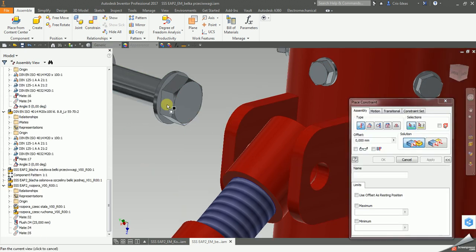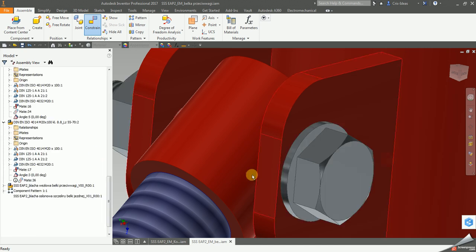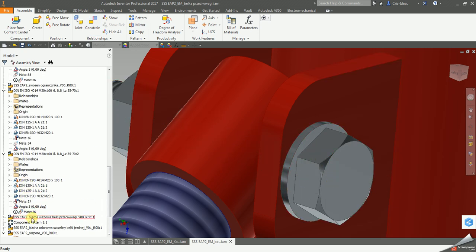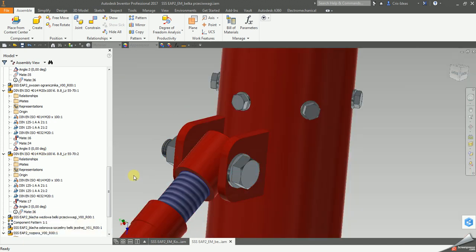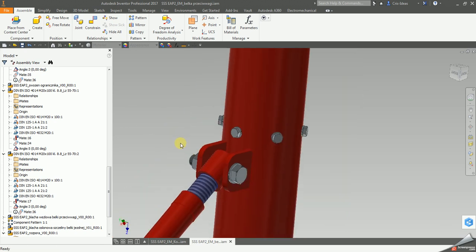So axis to axis. But this pair gives a redundant constraint analysis indication, and the other one does not. So there is some inconsistency in how Inventor solves this, because basically this is the same.